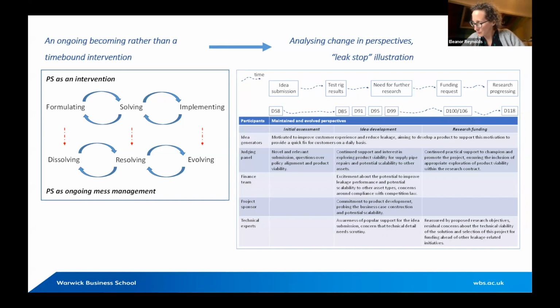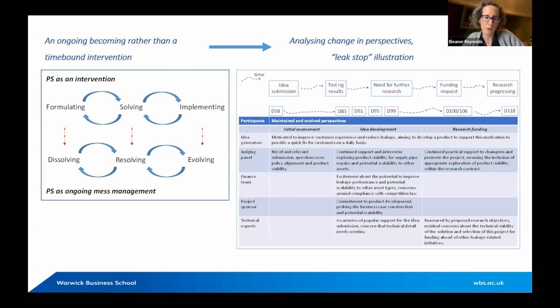But for example, I've got a number of episodes within this leak stop project where they're putting together a proposal, the idea submission, they're developing some tests, testing this product, identifying that they need to do further research, and requesting funding to progress that research.